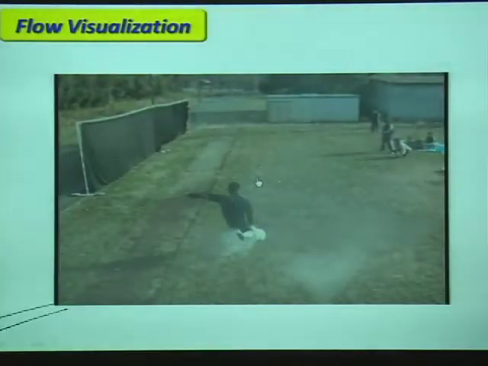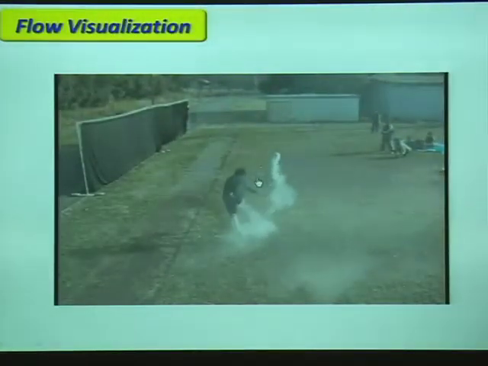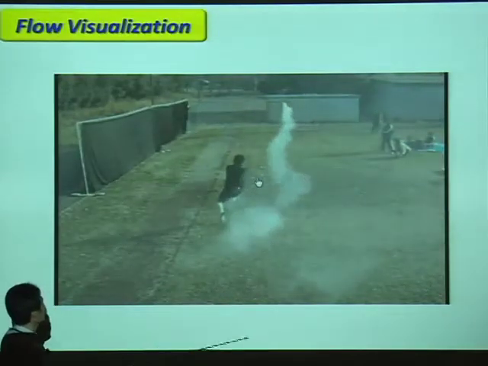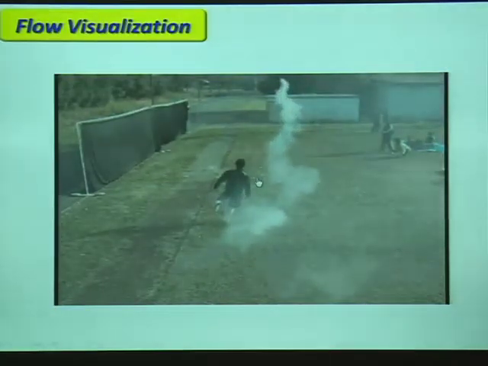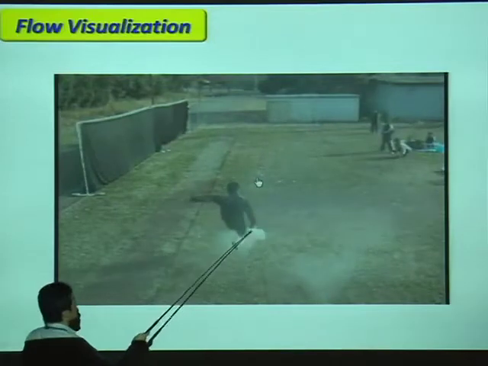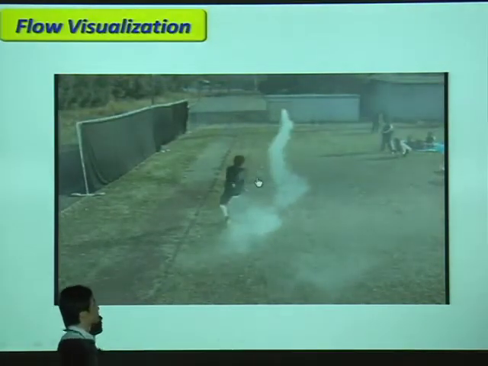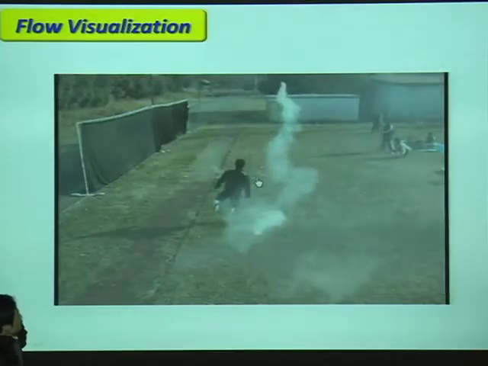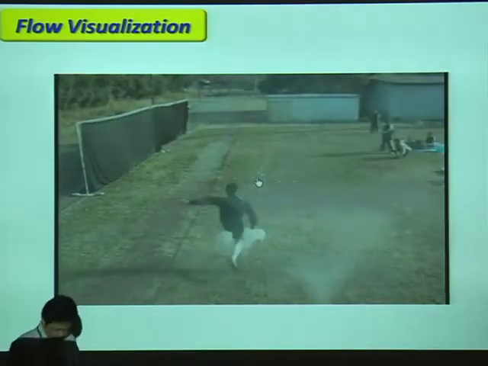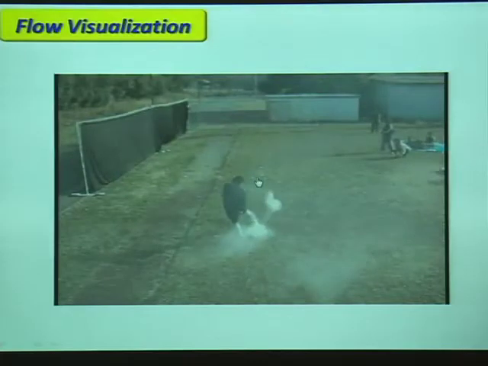This is a flow observation movie taken by Professor Asai. The smoke is quite wavy, like a snake. This is evidence of the knuckle effect.